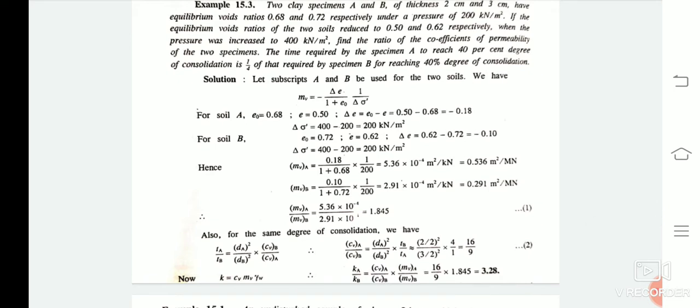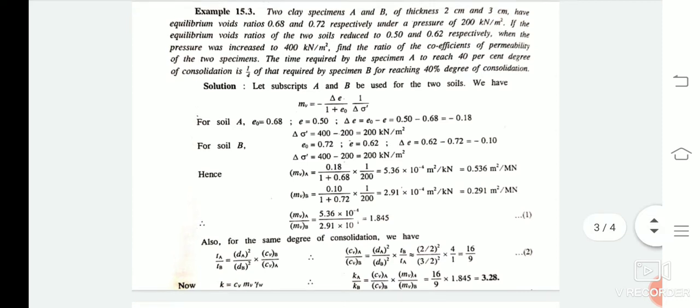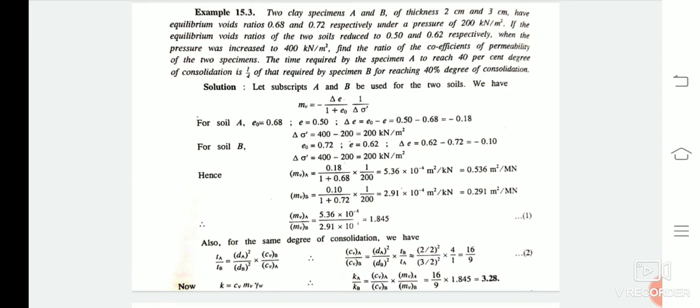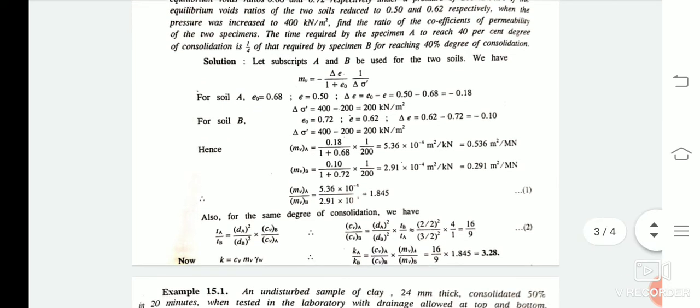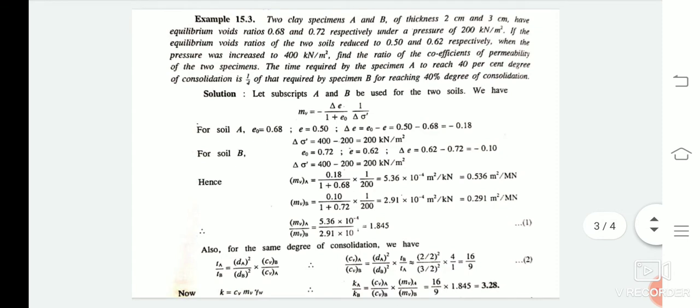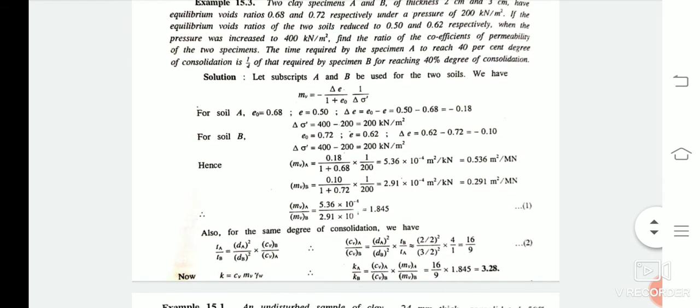Substituting all these values and finding the coefficient of volume change for sample A and sample B, we get that the coefficient of volume compressibility for sample A is 0.536 meter square per meganewton, and for sample B it is 0.291. When we find their ratio, it gives the value 1.845.